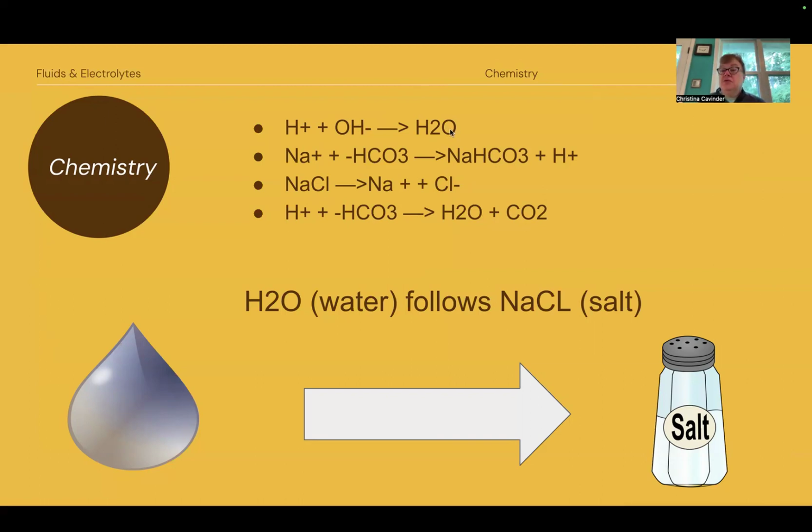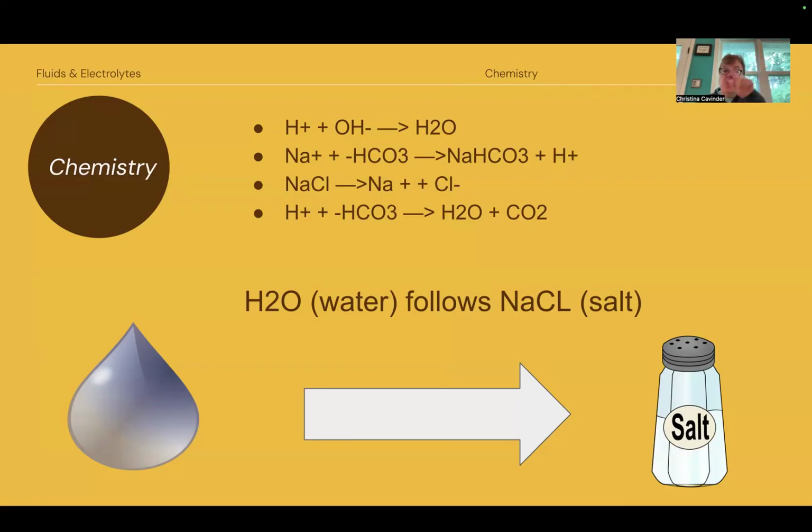And water is neutral. So if you have a high concentration of hydrogen ions, then you have a very low pH, or you're acidic. And you're like, well, if I have a lot of hydrogen ions, why is my pH a low number? Well, pH is the inverse of your hydrogen ion concentration.